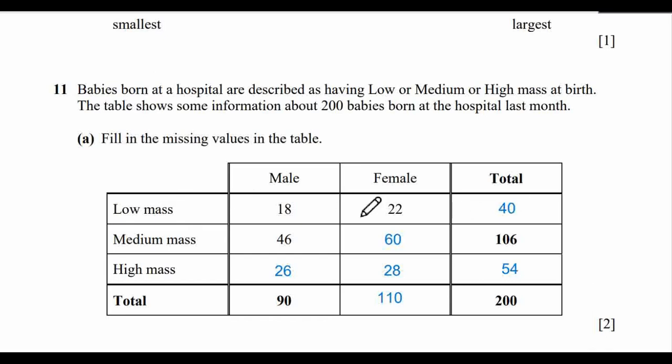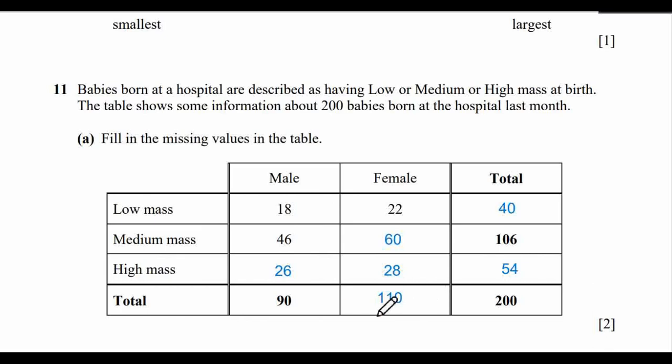Low mass total, 18 plus 22 is 40. Medium mass, the question is for female, so we got this by 106 minus 46 to get 60. High mass, we get this one from 90 minus 18 and minus 46, we get 26.